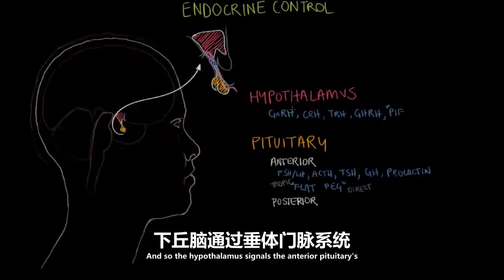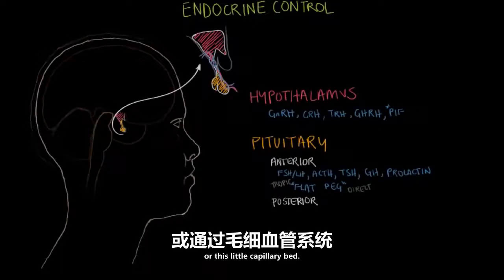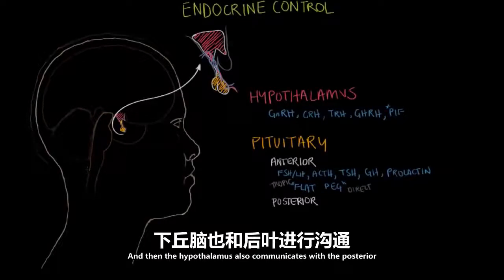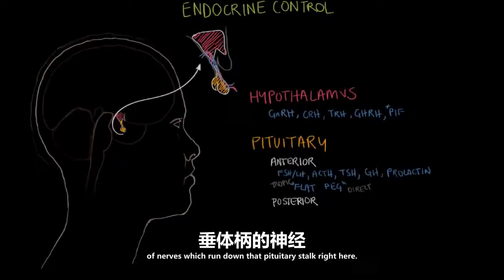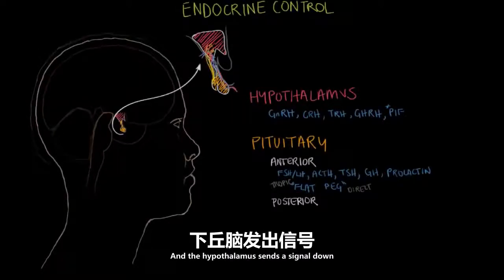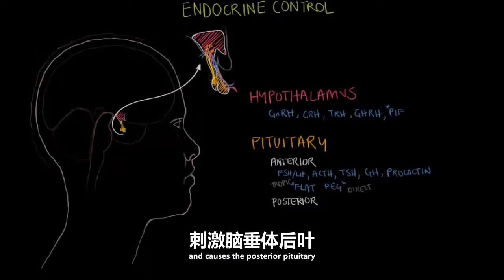And so the hypothalamus signals the anterior pituitary's release of its hormones through the hypophyseal portal system, or this little capillary bed. And then the hypothalamus also communicates with the posterior pituitary, and it does that through stimulation of nerves which run down that pituitary stalk right here. The hypothalamus sends a signal down those nerves to the posterior pituitary and causes it to release a couple hormones too.